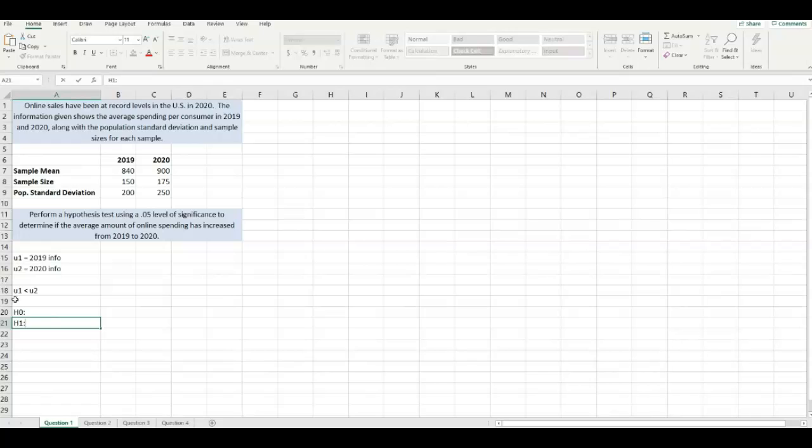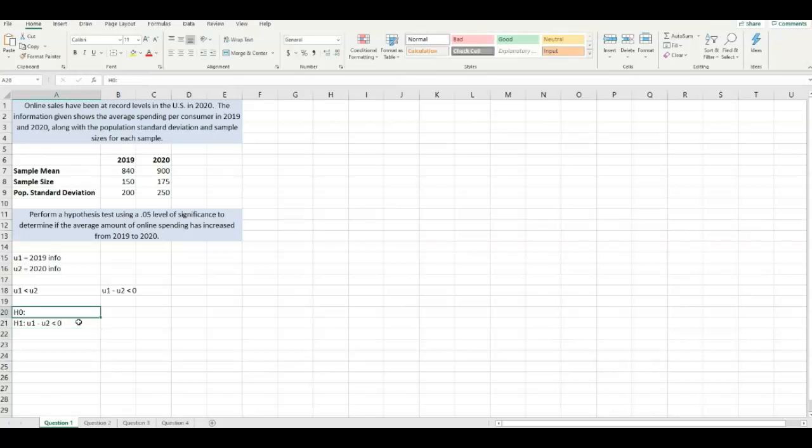So if we write it out like this, where mu1 is less than mu2, we can then turn that into mu1 minus mu2 is less than 0 by just subtracting mu2 from each side. And this is our alternative hypothesis. So we plug that in here for our alternative hypothesis.